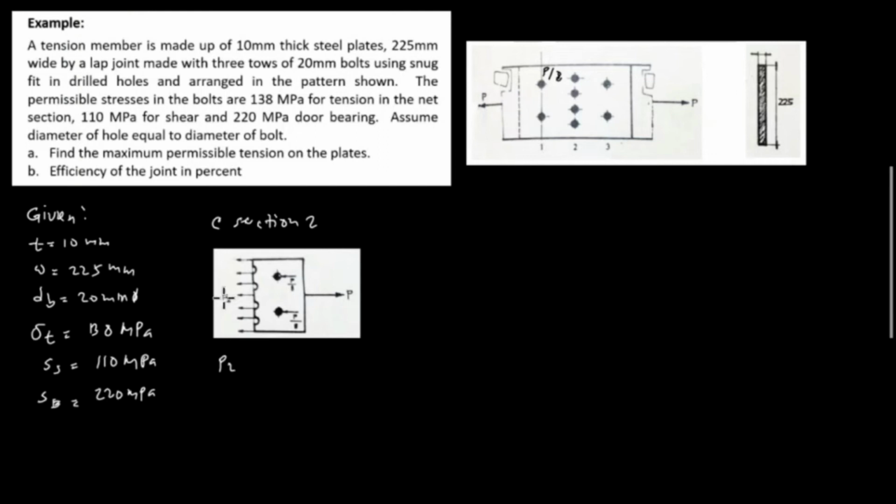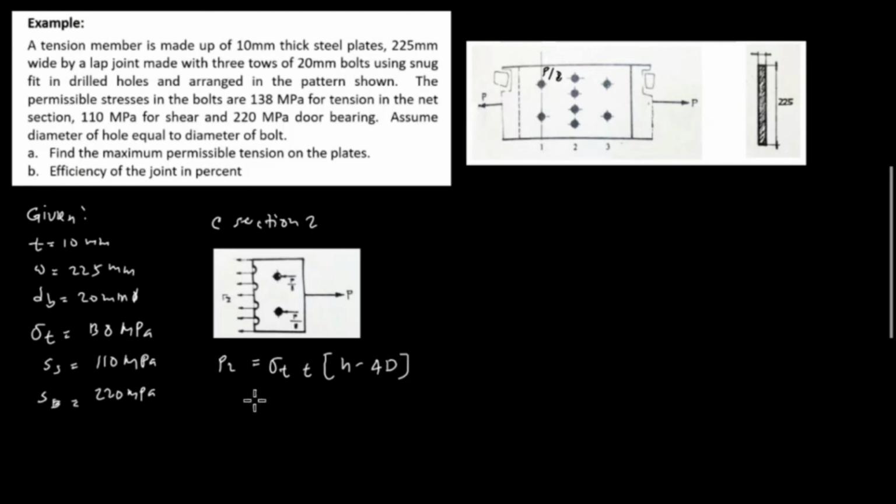This one is P2, and it is equal to the tensile stress multiplied by the thickness and the tearing of H minus, we have 4 bolts, 1 2 3 4 at section 2, so therefore it should be 4 times diameter of bolt.